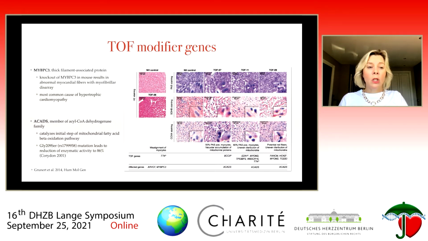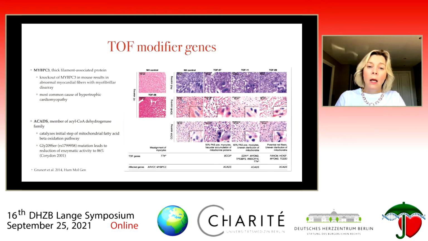And 2 of these genes are depicted here. One is myosin binding protein C3, well known from hypertrophic cardiomyopathy, and there are distinct affections of that particular gene together with other genes which can then be seen in tetralogy of Fallot.